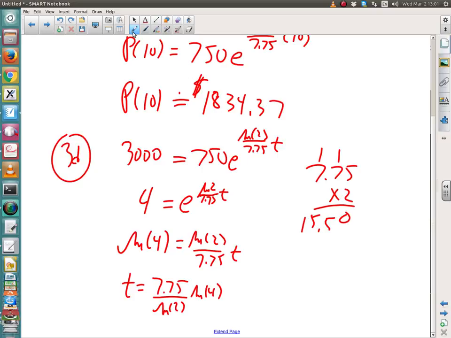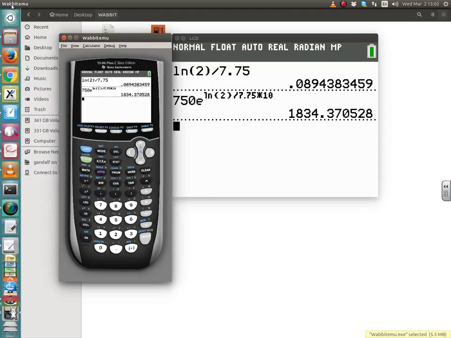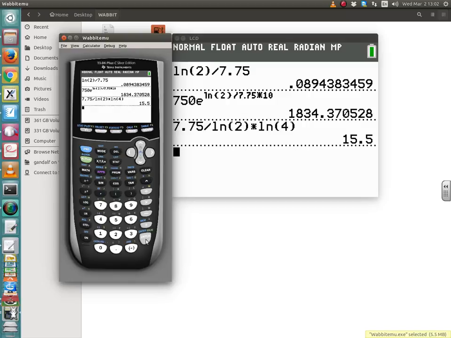What do logs do to exponents? ln of 2 to the 2 is 2 ln 2. 2 ln 2 divided by ln 2 is 2 times 7.75, which is again 15.5 years. And again, if you don't see it, do it on the calculator. 7.75 divided by ln 2 times ln of 4 is 15.5 years. There, it's perfect.